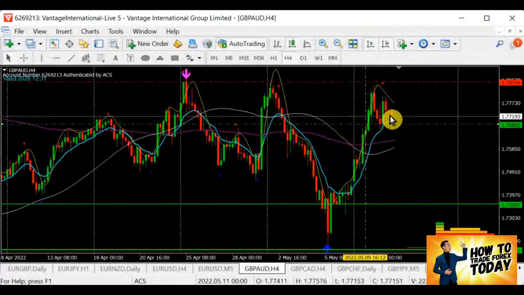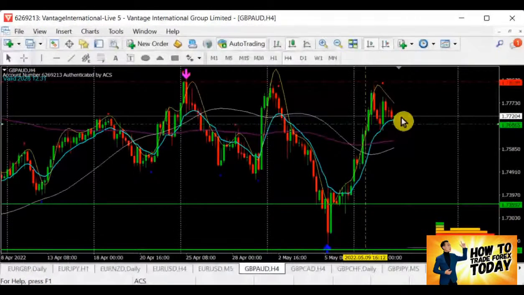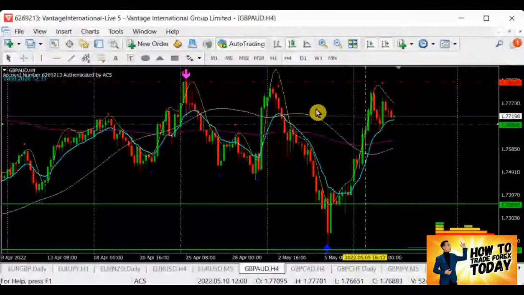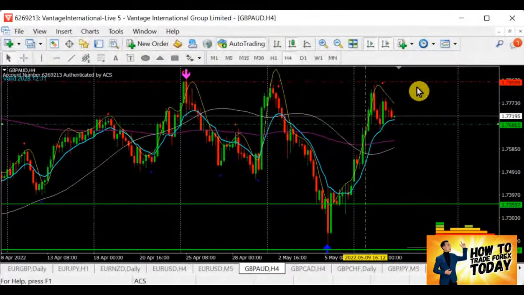This aqua line is also a support moving towards the resistance. So today I will not touch Pound Aussie, because very likely, as we can see right now, it is on the aqua line, so it's going to form up a higher support towards the resistance. You can put this aqua line into good use, whereby you can tell the point where it will give a higher support.